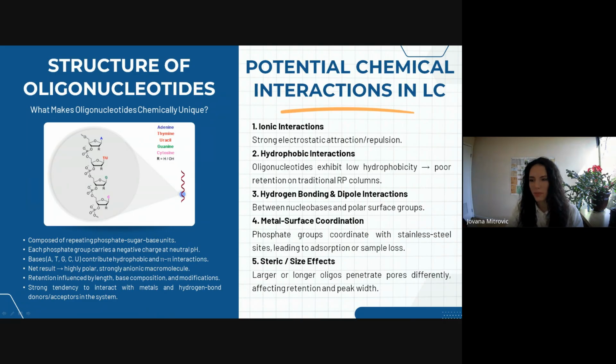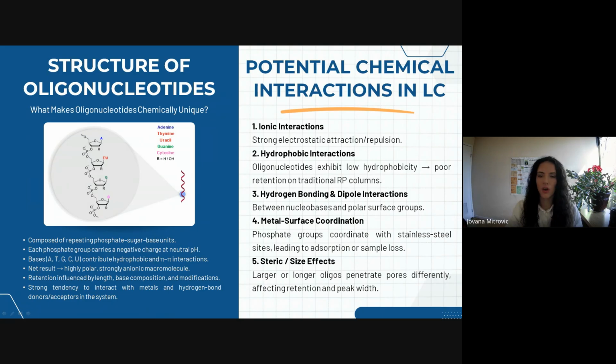Because of this complex nature, oligonucleotides are strongly ionic, but also have other properties making them difficult molecules for analysis. Their retention in chromatography depends on sequence length, base composition, and modifications.